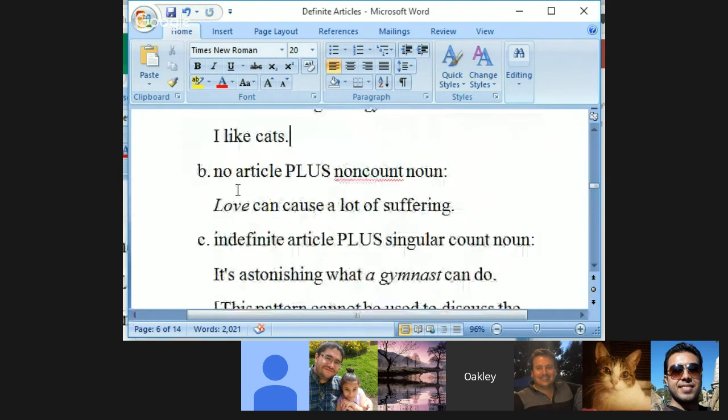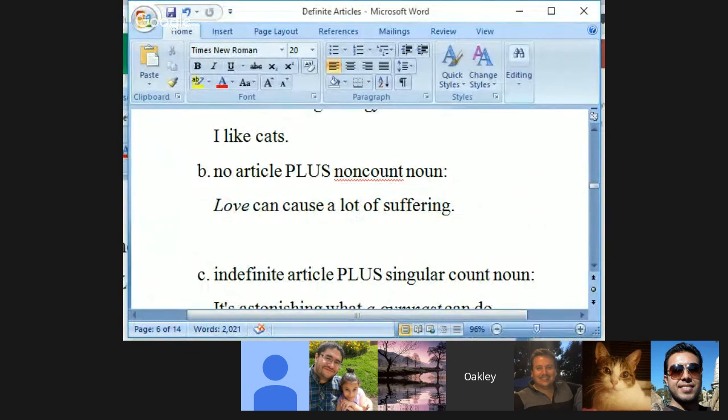All right. Next, no article plus an uncountable noun. Love can cause a lot of suffering. Water, alcohol, salt. Uncountable nouns. Carolina, can you try making a sentence with an uncountable noun using this rule to talk about it in general? Your information will be useful?